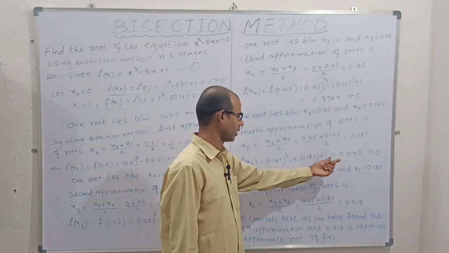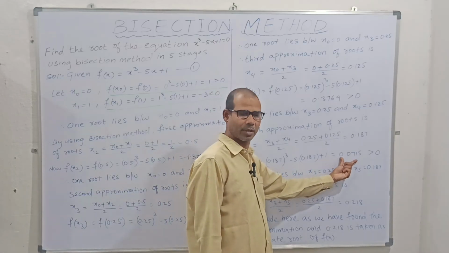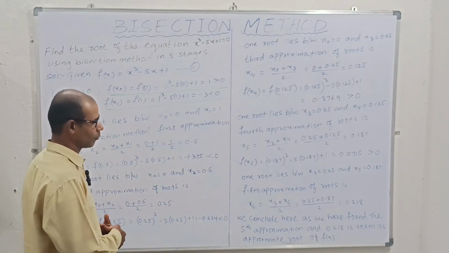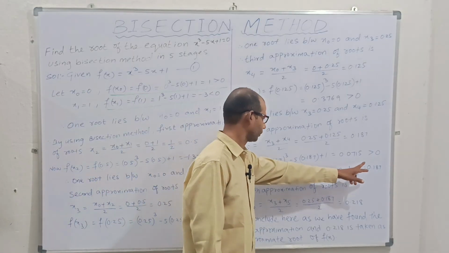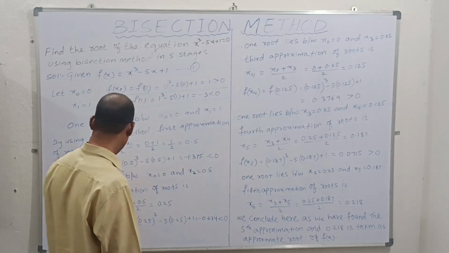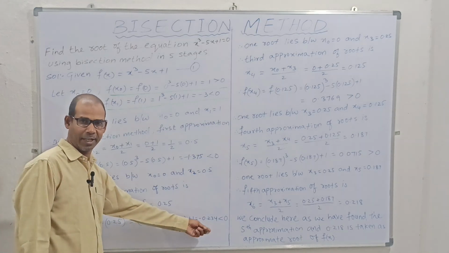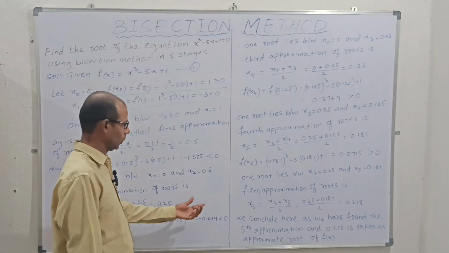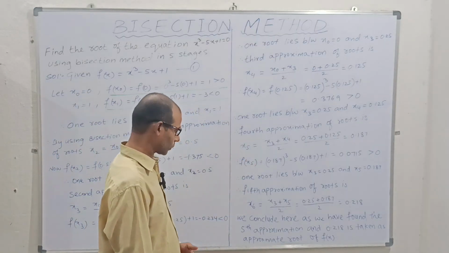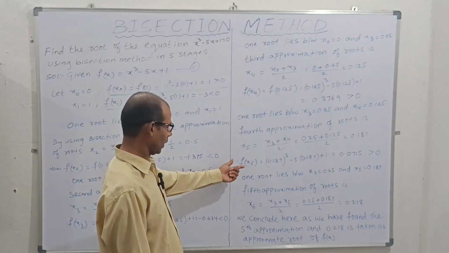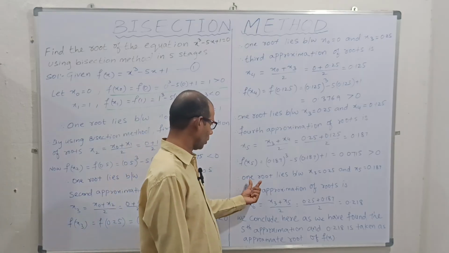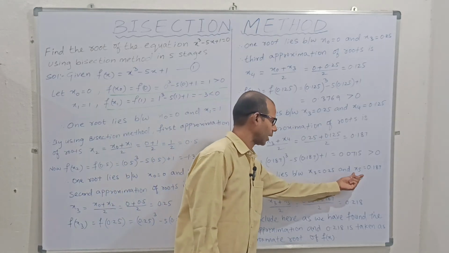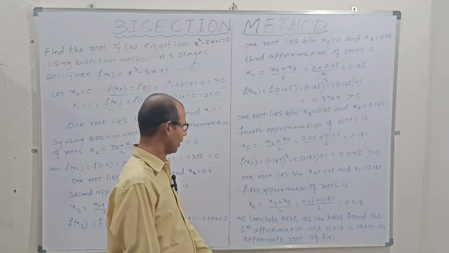We get the function value as 0.0715. So this is also positive. At x3 the function value is negative, and here we have positive. Therefore one root lies between x3 equals 0.25 and x5 equals 0.187.